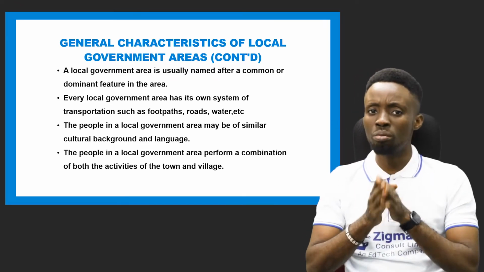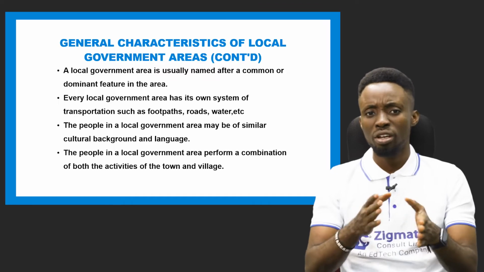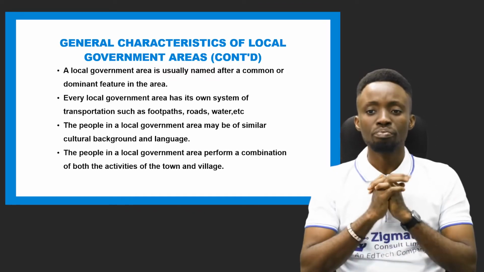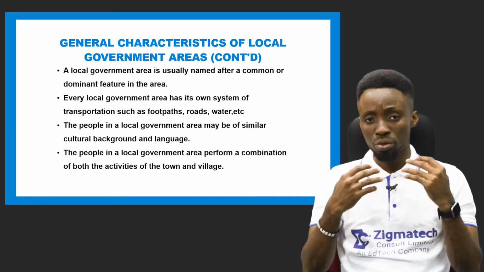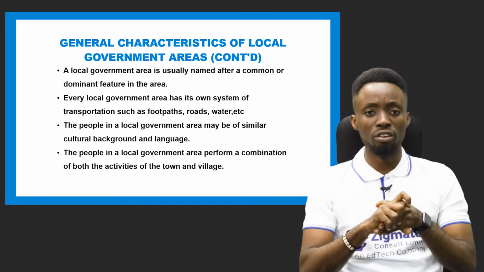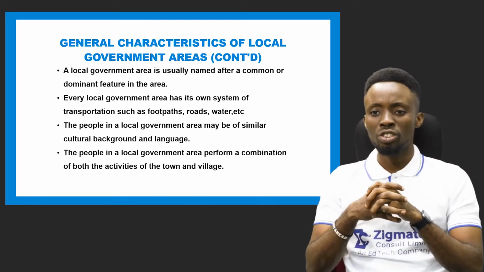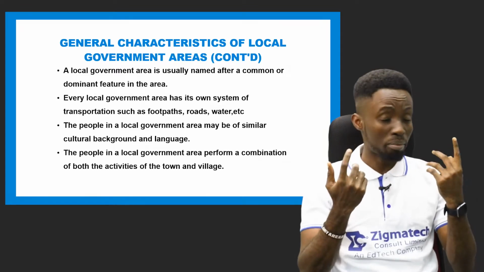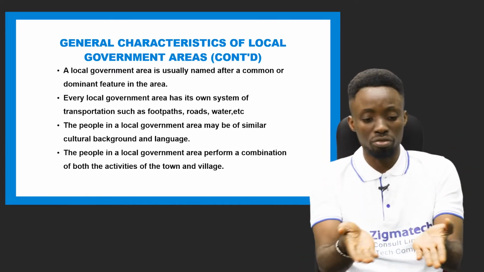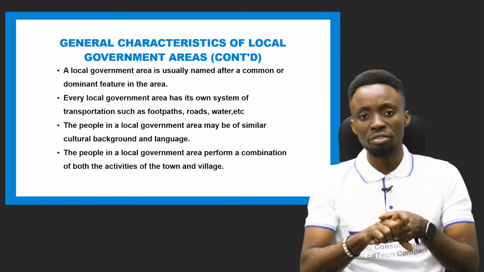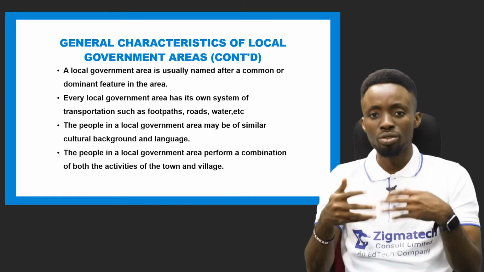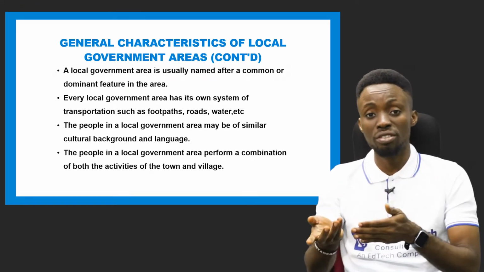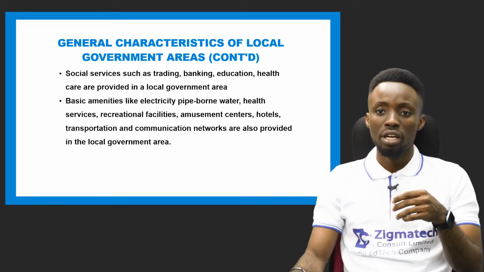So they speak almost the same language and behave in almost the same manner. And also, the people in a local government area perform activities for the town and the village. So you see them carrying out primary activities, secondary activities, and also tertiary activities.